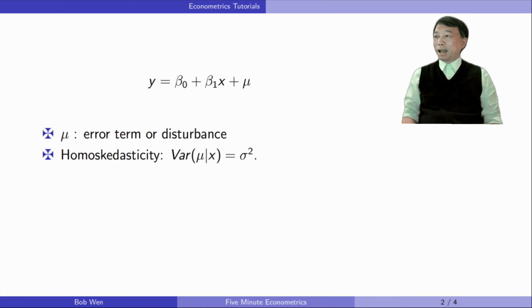In the model, the error term mu is the random component of the observations. We can show that an equivalent definition of homoskedasticity is that the variance of the outcome variable y is a constant, sigma squared.